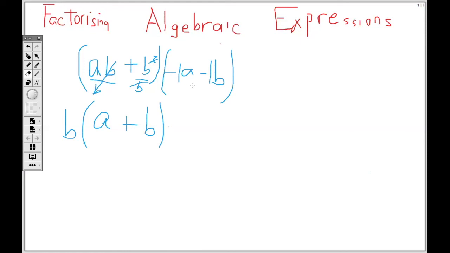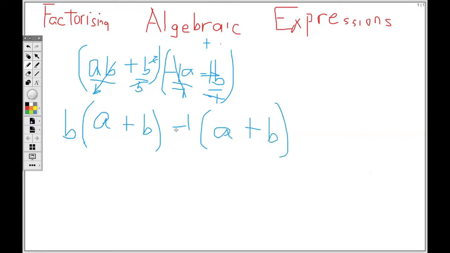So we can go ahead and look at this and say, okay, the letters are not in common. The only thing that is in common is the negative 1. So factoring out the negative 1, again, we divide each term by negative 1. Negative into negative goes positive, so we have a positive a. Negative into negative goes positive, so we have a positive b.